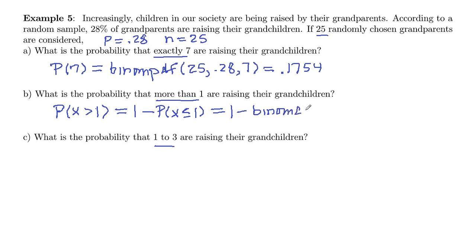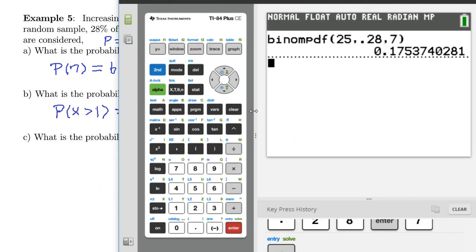C, because we're doing cumulative, less than equal probability. N is still 25. P is 0.28. But then it's less than equal 1. Let's enter that on the calculator.